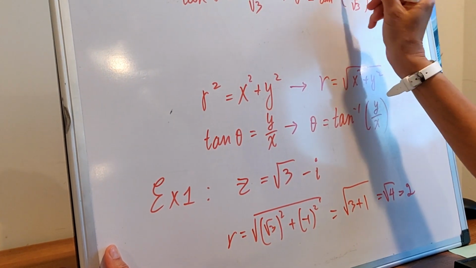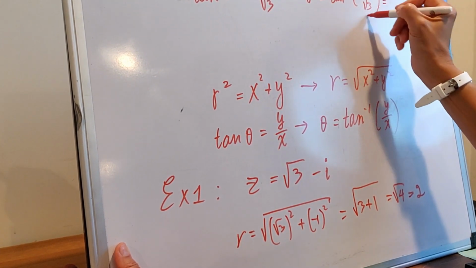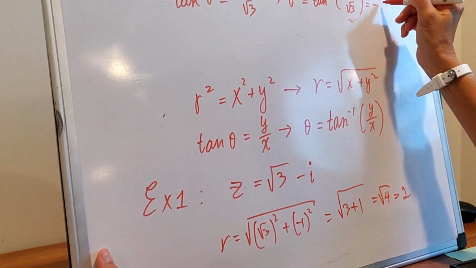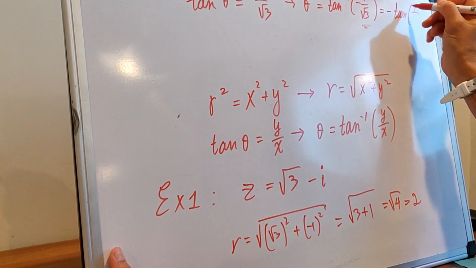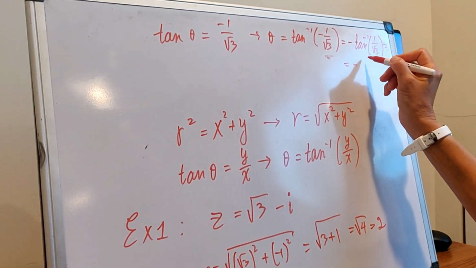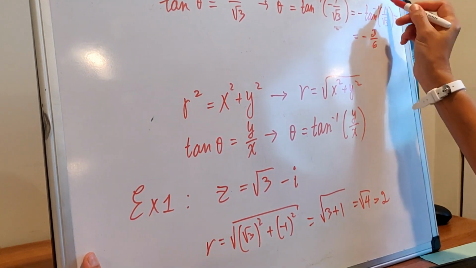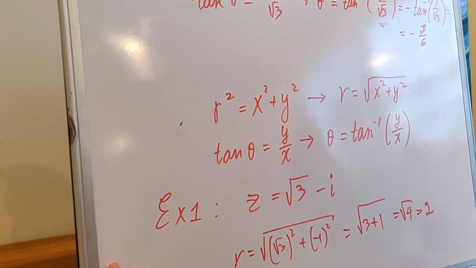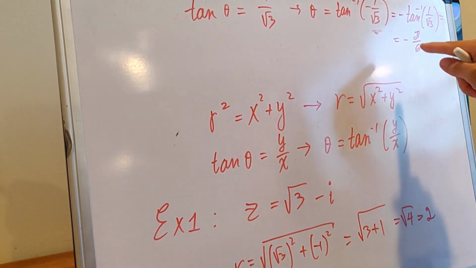Generally speaking, that's a table value. Remember that we can take the minus in front and have tangent inverse of 1 over square root of 3, which is going to give you minus pi over 6. Well, is it actually going to be my angle?